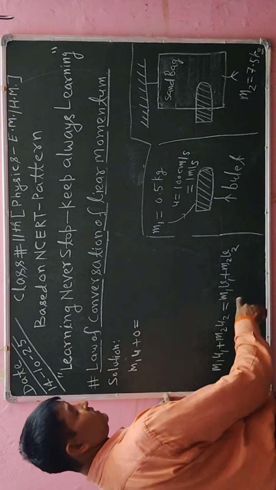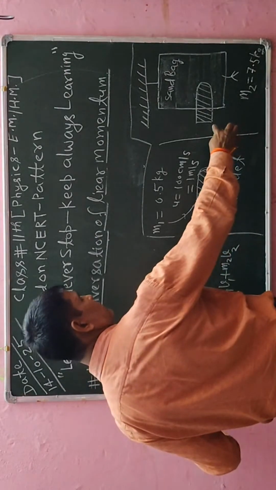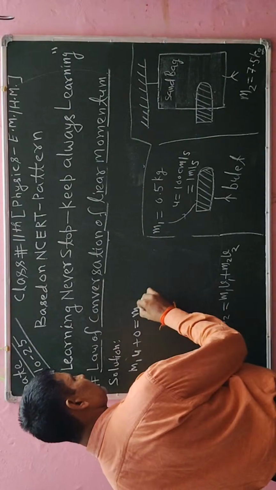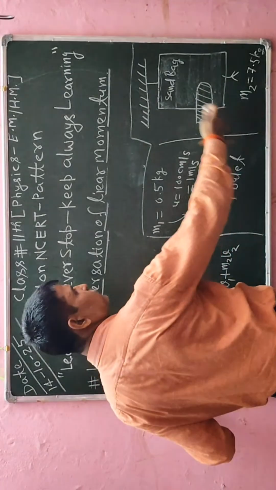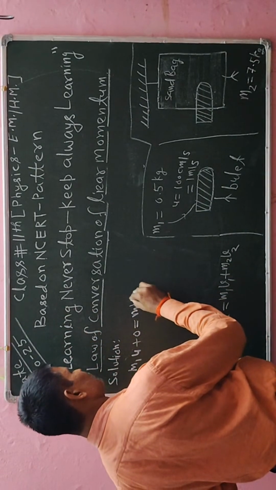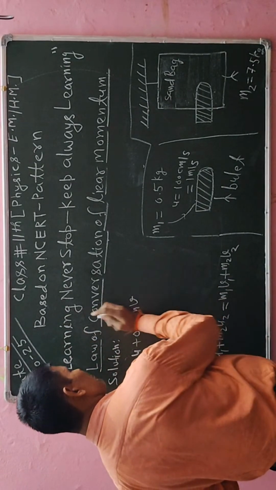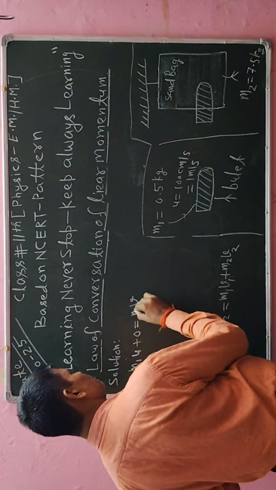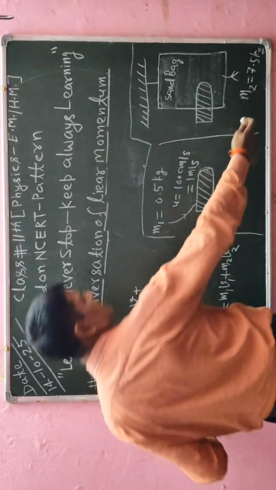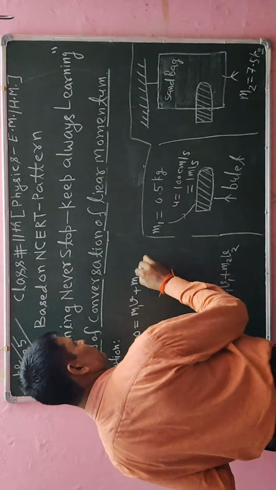Now the mass of the first object will be m1, and both objects after collision are moving with the same velocity, so I am going to write that velocity as v. So I will write here m1 plus v, and the second object has mass m2, so I will put here m2.